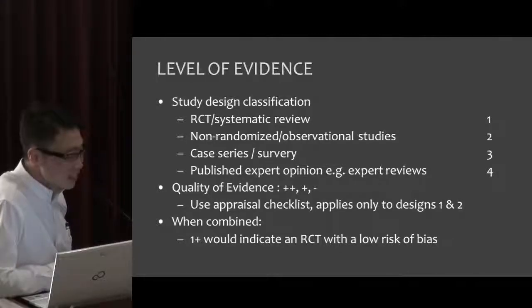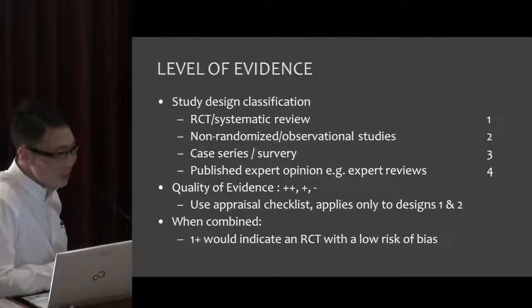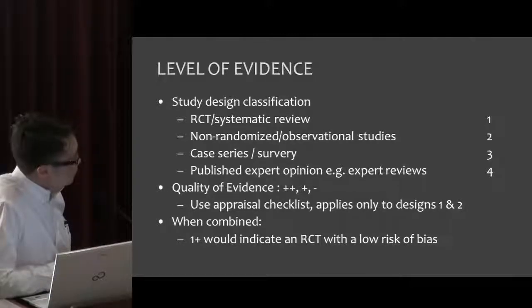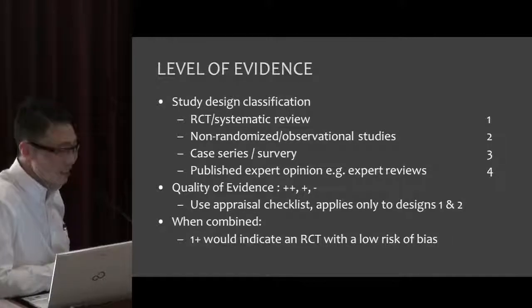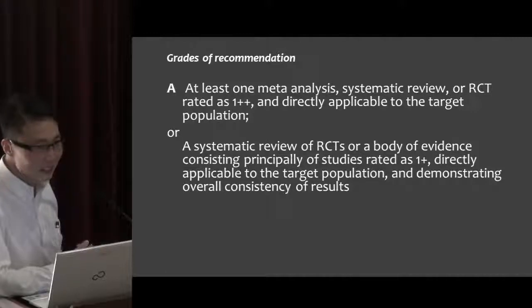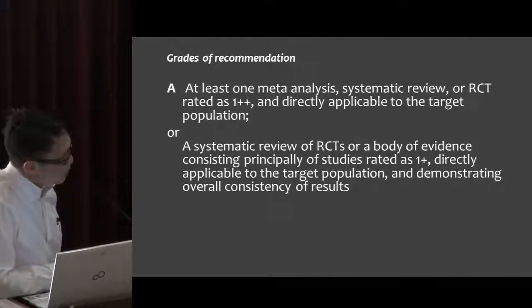Case series, as in if I do 100 cases and I just document and publish them, that's level 3. Sorry for the typo, it's survey, not survey. And published expert opinion, meaning that if someone very prominent in that area writes a commentary and it gets published, that's just an expert opinion, as level 4 evidence.